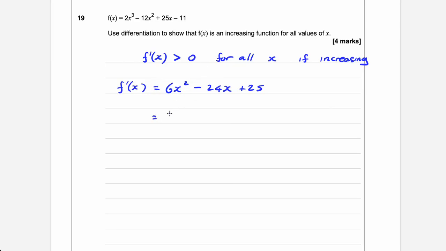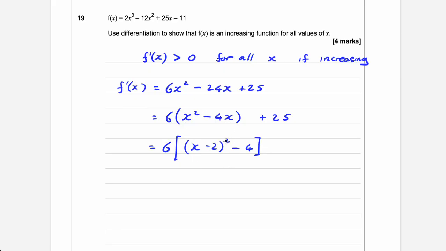So first, I like to take out the 6 out of the first two terms. So this is 6 times x squared minus 4x, and the plus 25 is over here. Then I complete the square of what's in the bracket. I bring in a square bracket. I then half the 4, so it's x minus 2 squared, and I have to subtract 2 squared, which is 4. If you don't know how to do this, guys, you need to go and learn it.